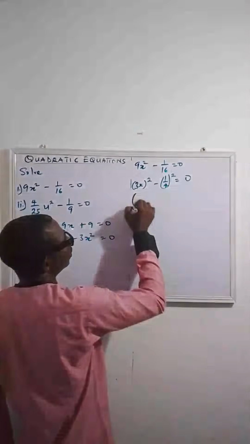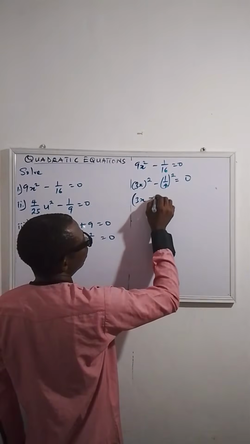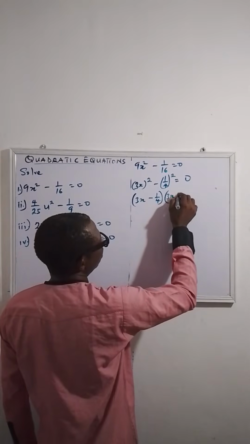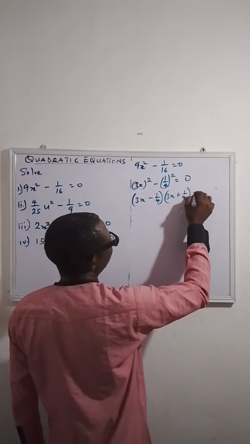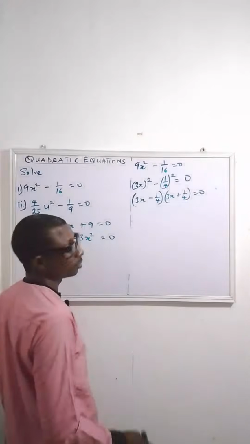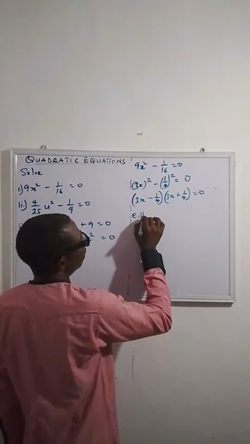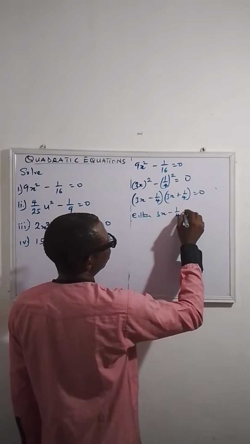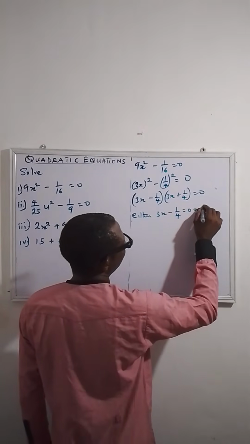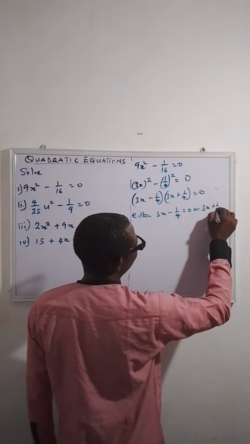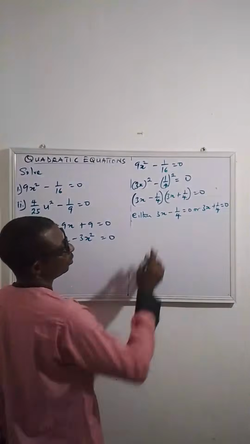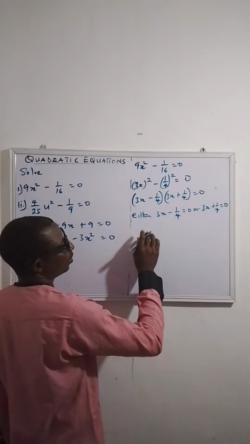We subtract the base and we also add the base. So we have 3x minus 1 over 4 times 3x plus 1 over 4 equals 0. So it's either 3x minus 1 over 4 equals 0 or 3x plus 1 over 4 equals 0. Now what do we do? We add 1 over 4 to both sides.